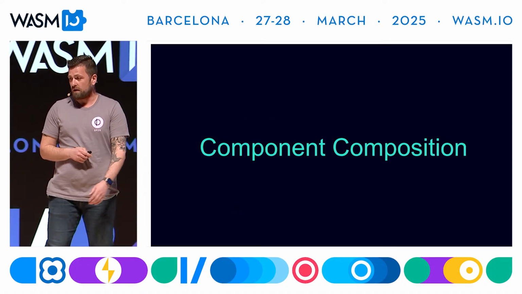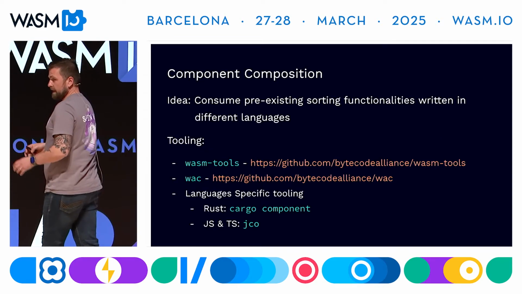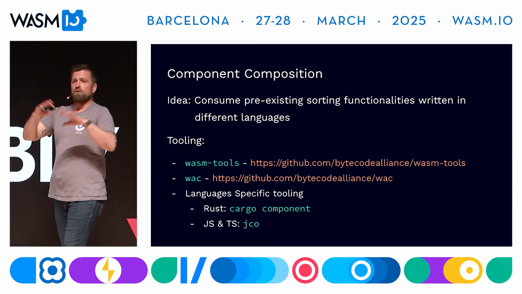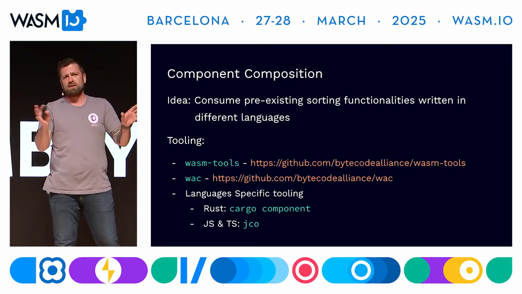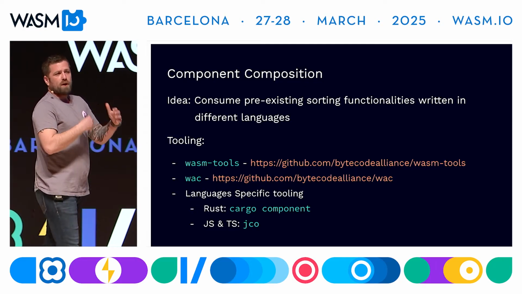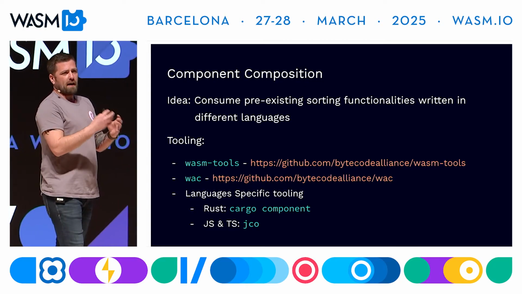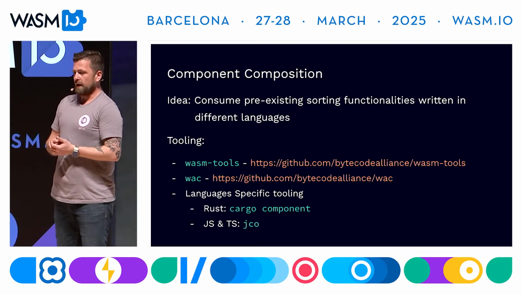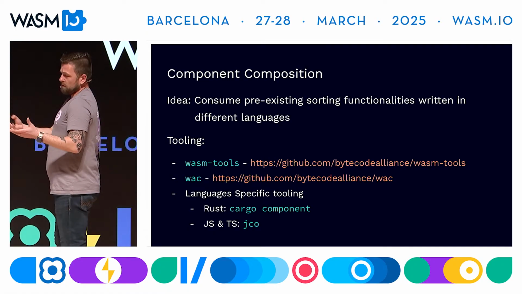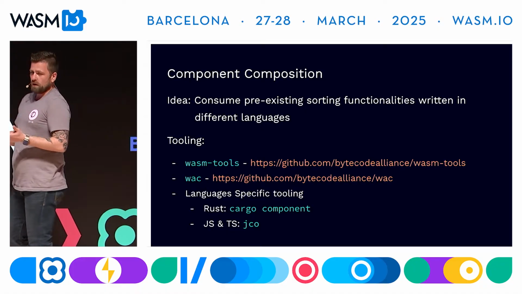We want to start with basically taking an existing component that provides a sorting functionality. It does not matter what the component actually does, right? We have written different sorting algorithms in different programming languages, all of them relying on the same WIT world.